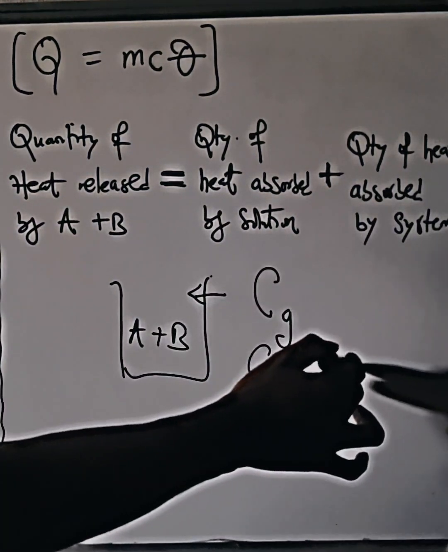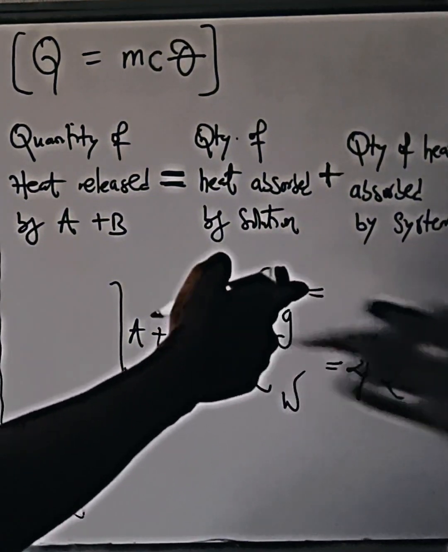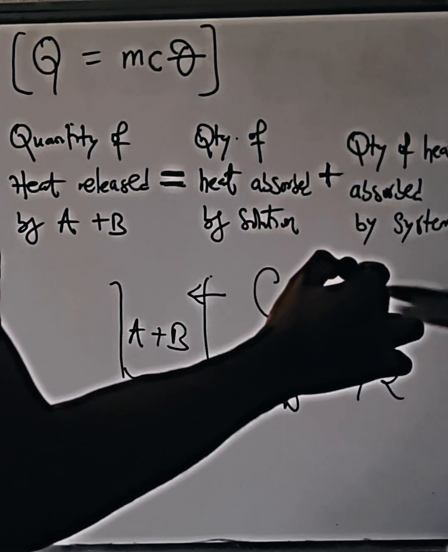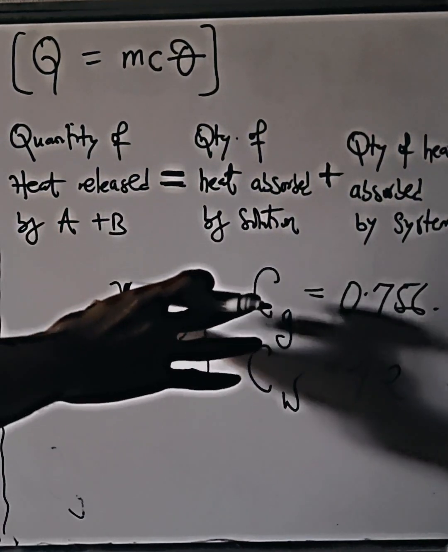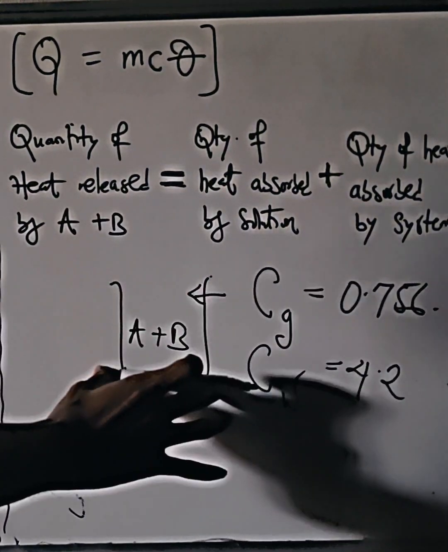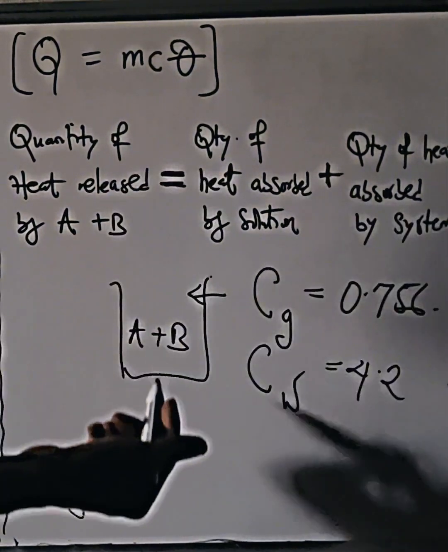That of water is 4.2, and the specific capacity of the glass to be taken into consideration is 0.756. So this experiment is all about determining the quantity of heat released when the acid and base are mixed together, with the aid of a thermometer.